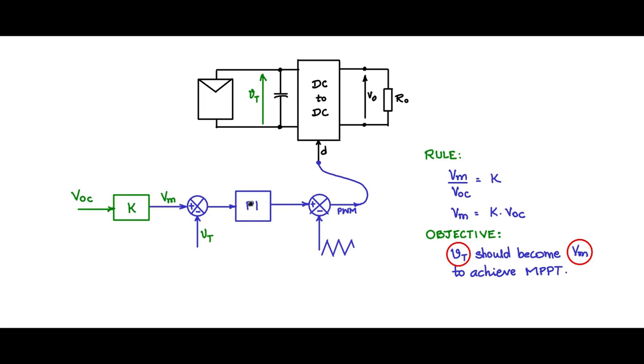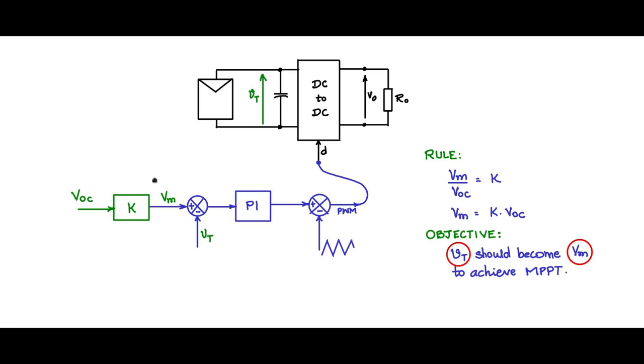The error is controlled by this PI controller, and a pulse width modulated signal is provided here, which will modify RT, and the RT will change Vt, and Vt will keep changing till this becomes 0. Under such conditions, when Vt is equal to Vm, error is 0, then you have maximum power point tracking.